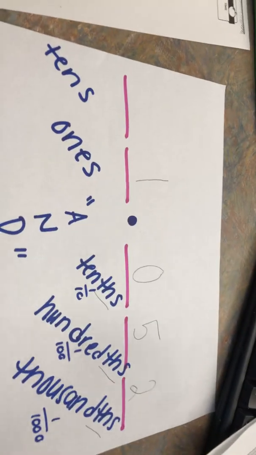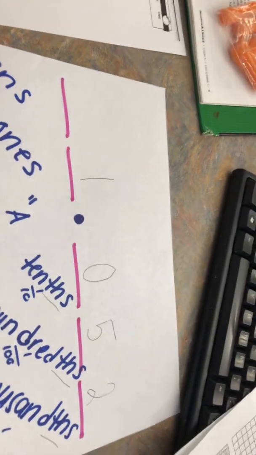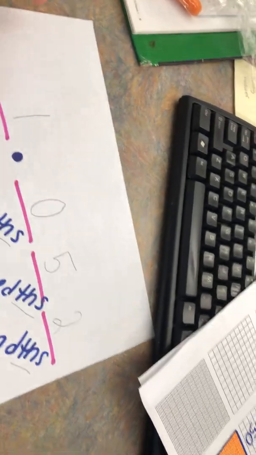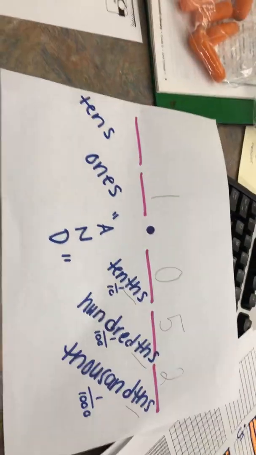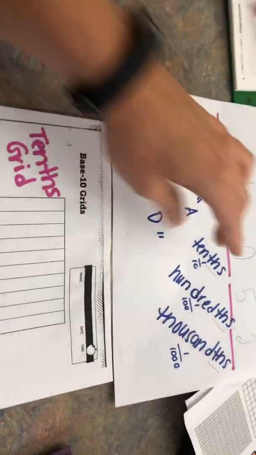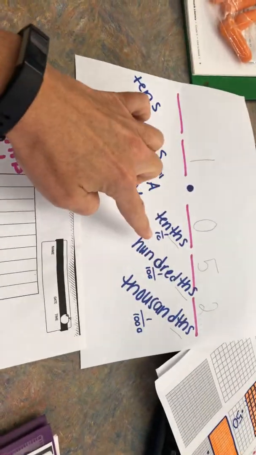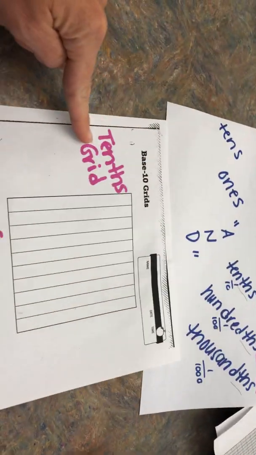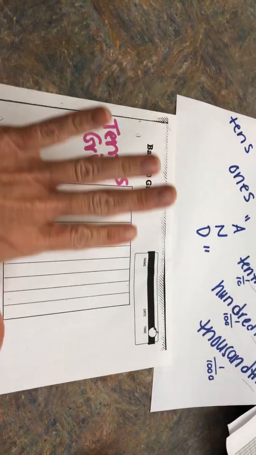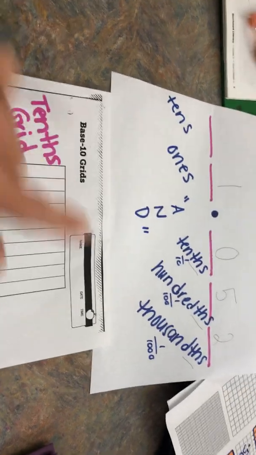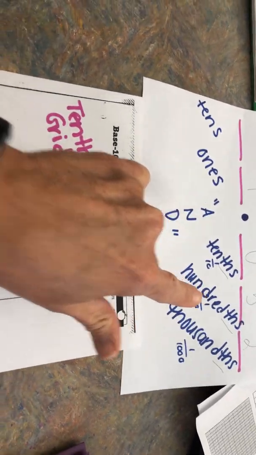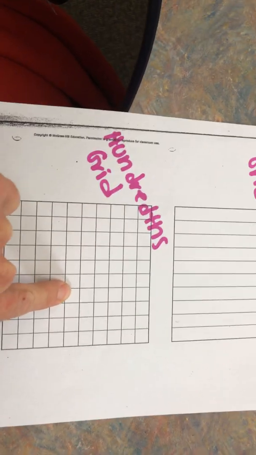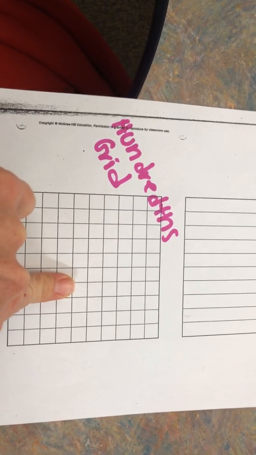Okay, so let's look at these grids here. To represent the tenths, we use this tenths grid. It has 10 longs. To represent the hundredths, we have the hundredths grid, and that has 100 baby cubes.